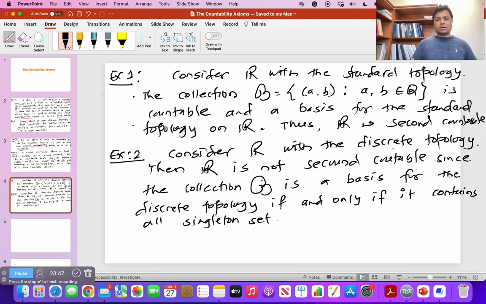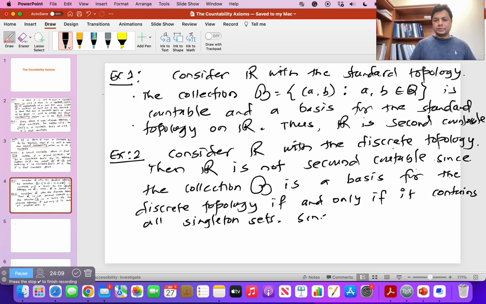That means a collection script B is going to be a basis for the discrete topology if and only if it contains all the singletons, which implies that any basis for the discrete topology contains all the singletons.